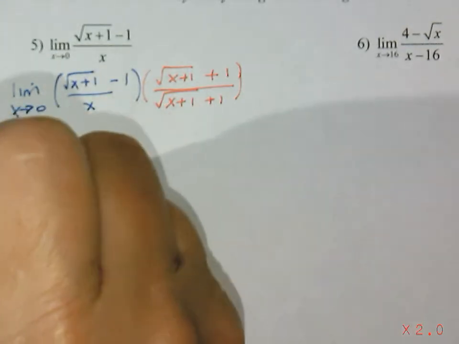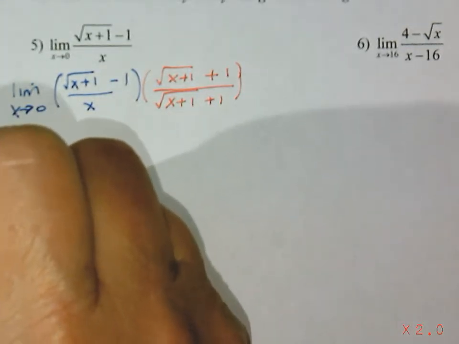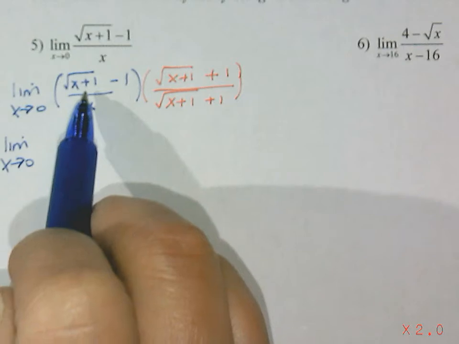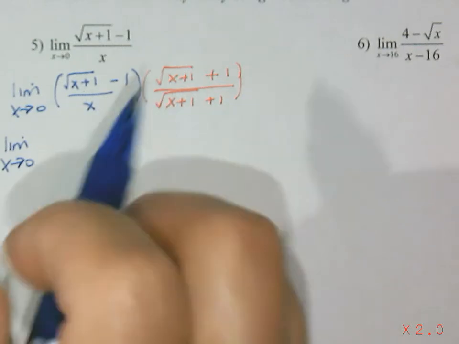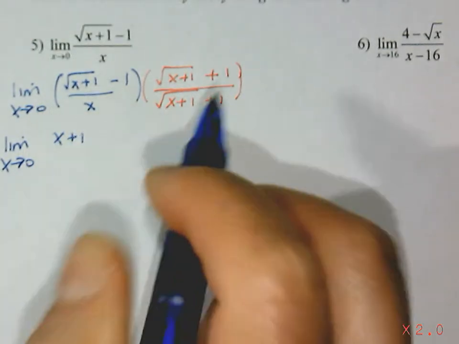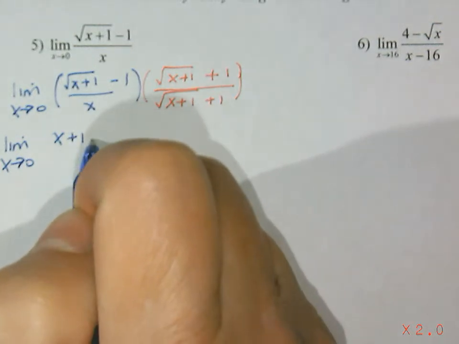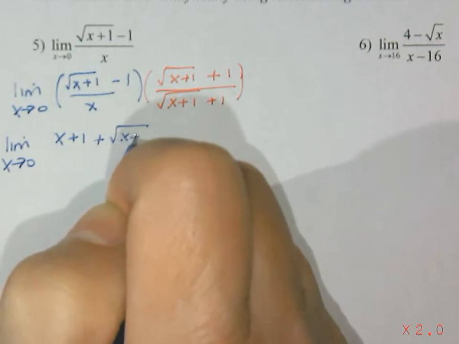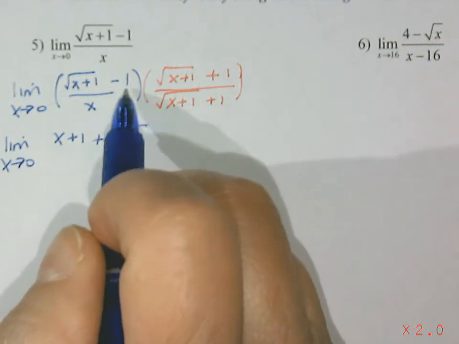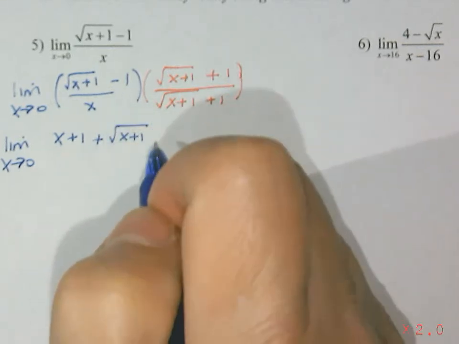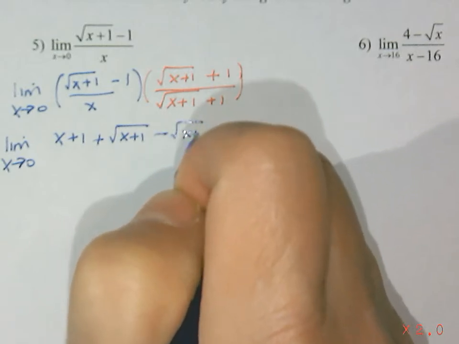So when I multiply, I'm just going to be very careful. The square root of x plus 1 multiplied by the square root of x plus 1 is going to be x plus 1. The square root of x plus 1 multiplied by a positive 1 is going to be plus the square root of x plus 1. Negative 1 multiplied by the square root of x plus 1 is going to be minus the square root of x plus 1.